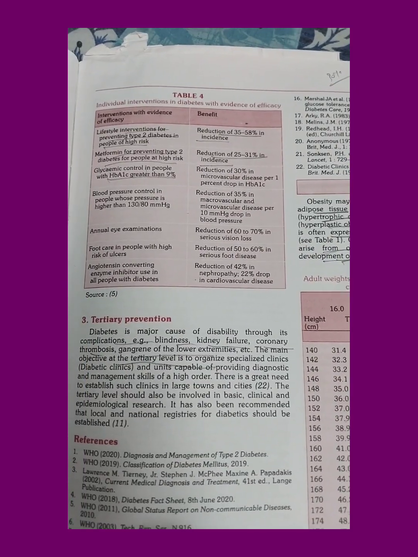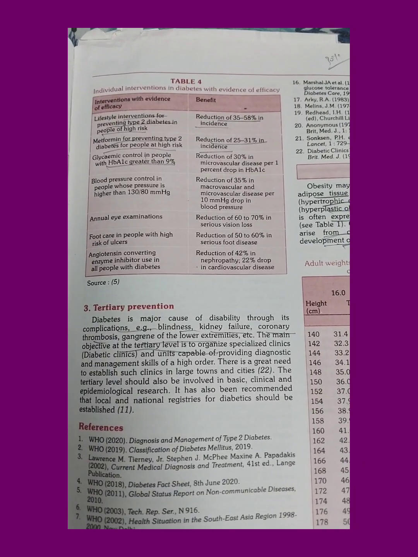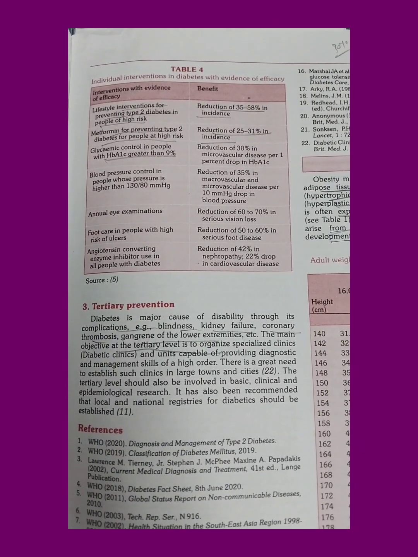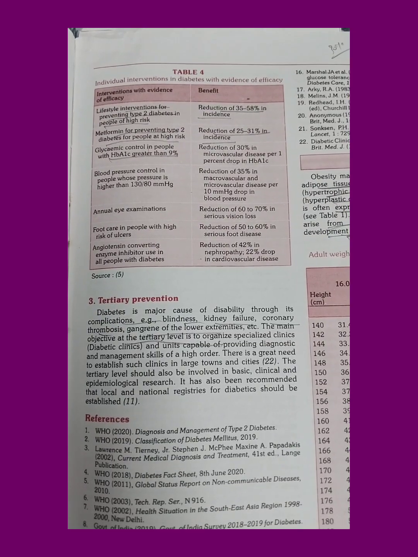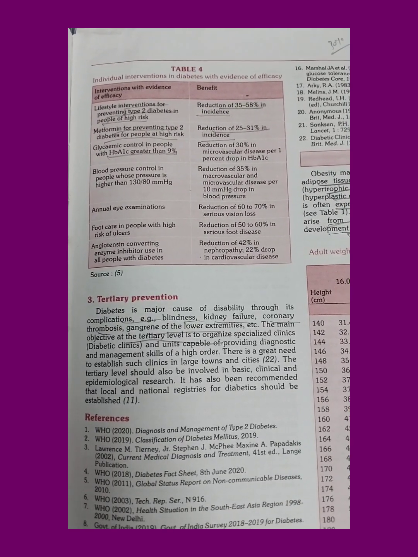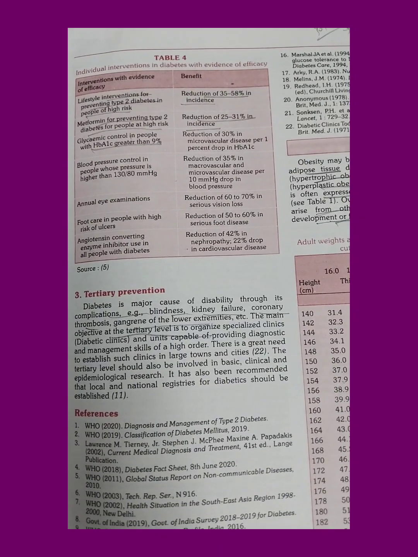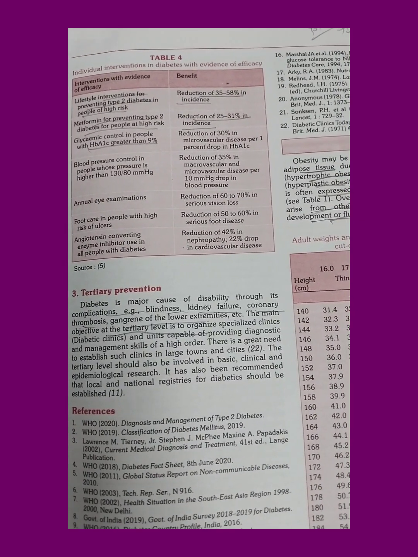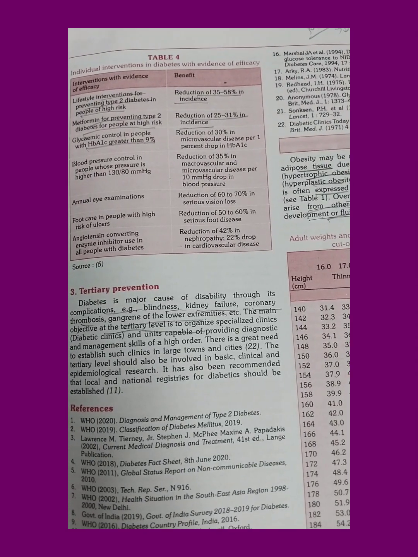So, the interventions are lifestyle interventions for preventing type 2 diabetes in people at high risk. If we change the lifestyle, 35 to 58% of incidence will be reduced. Metformin reduces the incidence of diabetes by 25 to 31%. Glycemic control in people with HbA1c greater than 9%: reduction of 30% of microvascular disease per 1% drop in HbA1c.